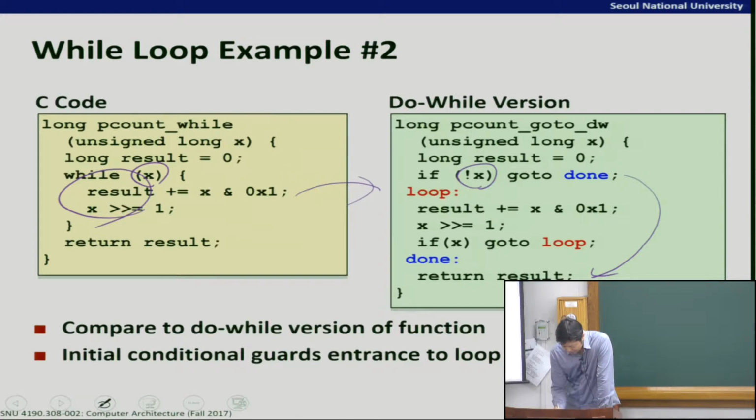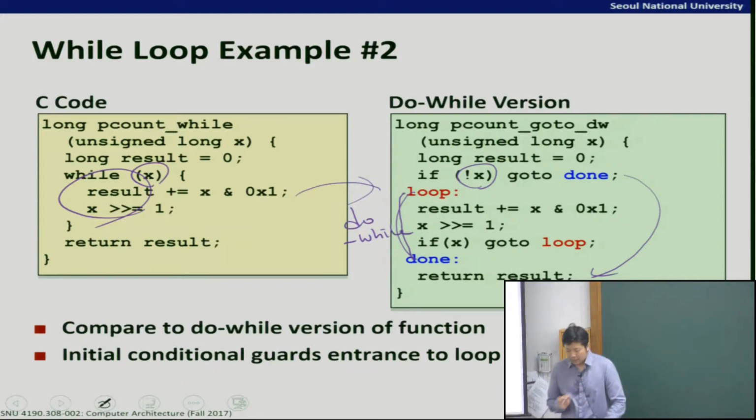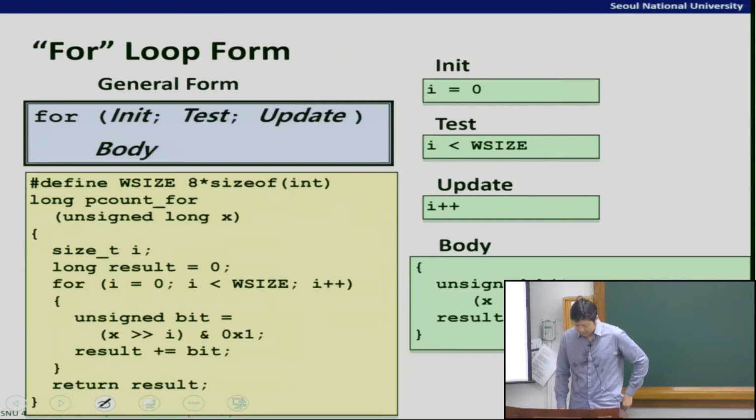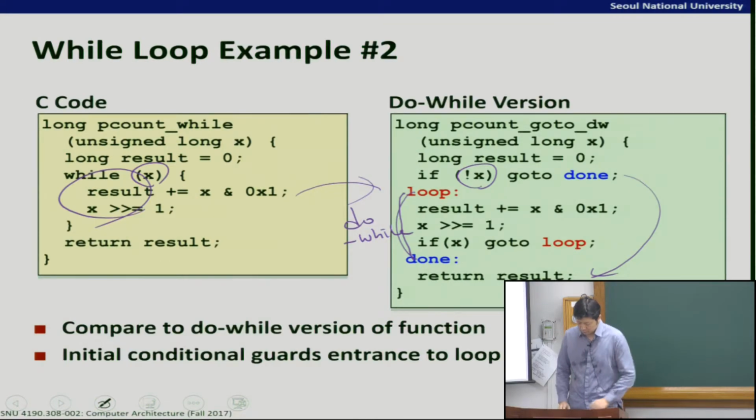This is a do while loop, right? So that's basically how we convert this C code into a do while loop. And you can use the same translated assembly code as do while in this case. It's the same code that can be reused here.